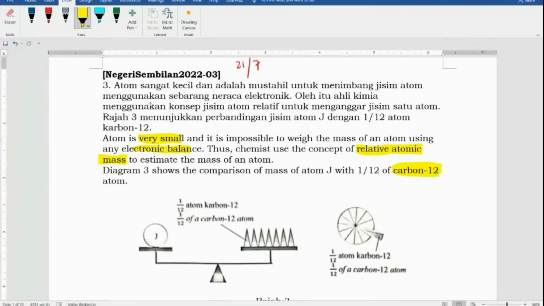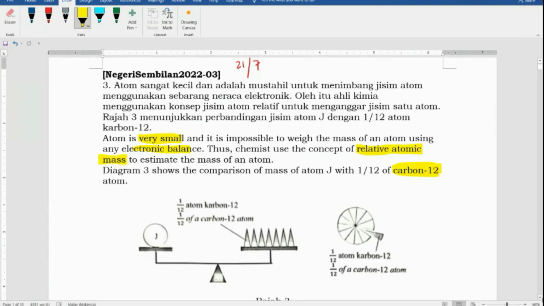So J stands for how many 1/12 of the carbon 12 atom? We just count 1, 2, 3, 4, 5, 6, 7. So compared to carbon 12, it has 7 parts or 7 units.